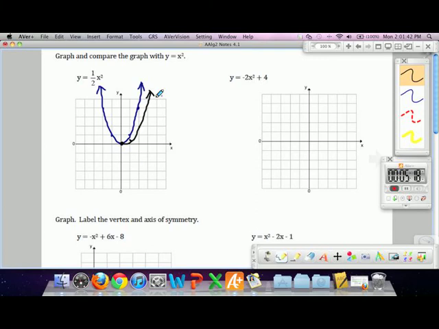And if you have half of this parabola, and we know its axis of symmetry goes in the middle, then you could just mirror every point and get yourself a parabola that's relatively quickly drawn. This being y equals half of x squared.